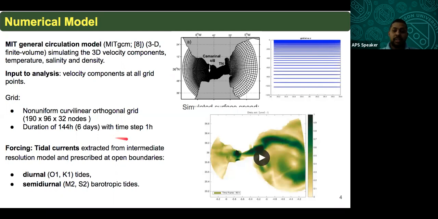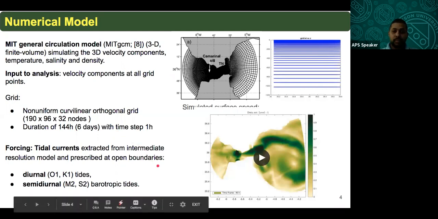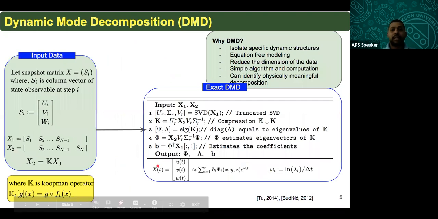So let me talk about the DMD algorithm. Why is it useful in this kind of analysis? The DMD algorithm can isolate specific dynamic structures, such as the gyres or the internal waves, periodic patterns.